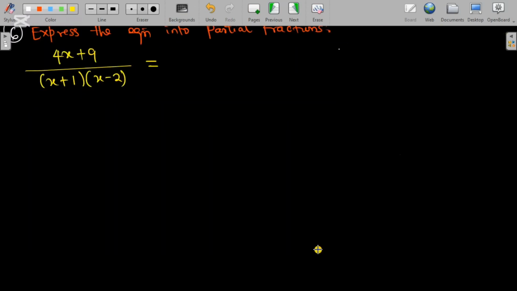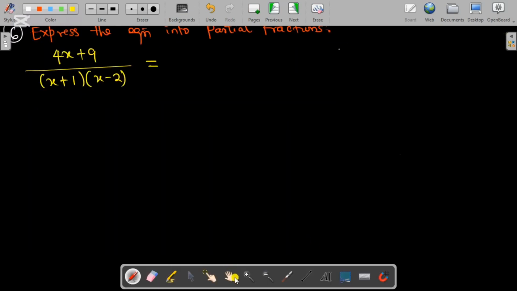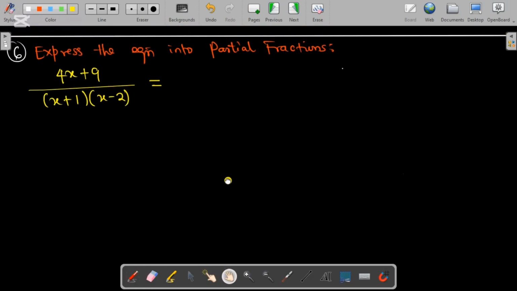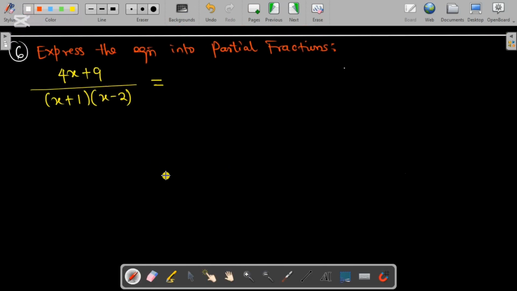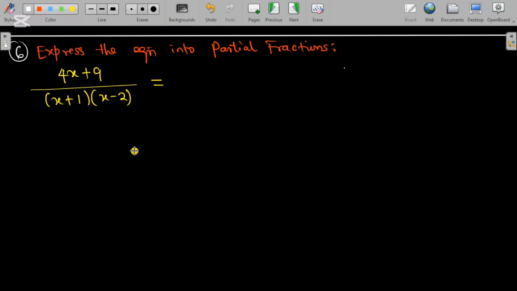So we go over to 6. So in 6 we are now getting into partial fractions. So here we are to split this into partial fractions.